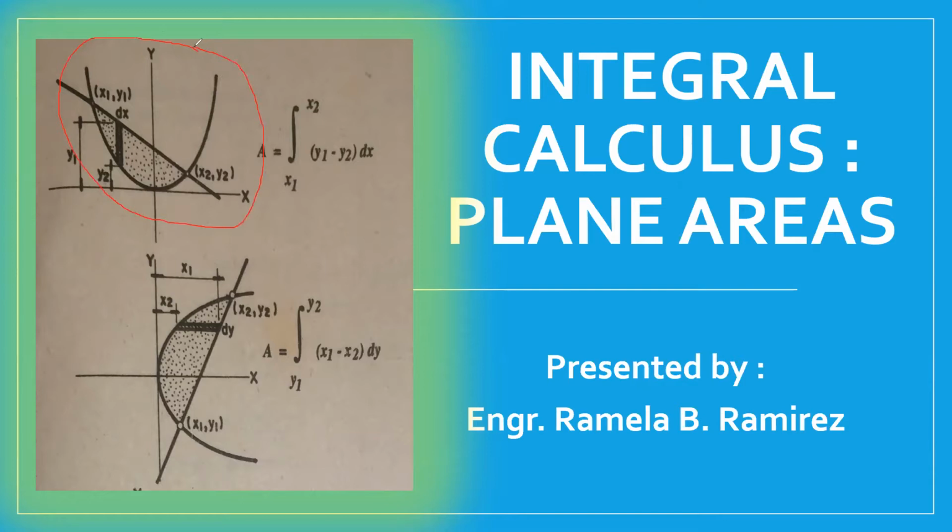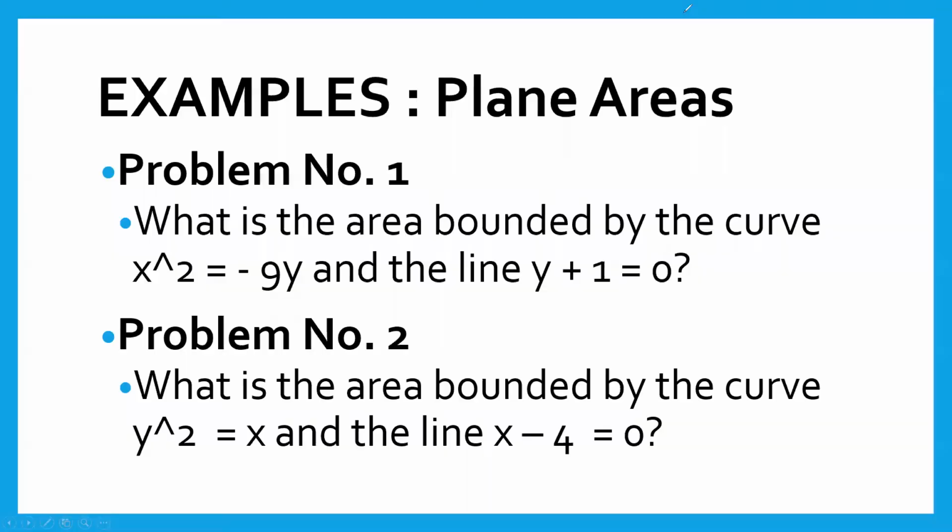This is particularly related to plane areas which are opening downward. Then this one is a figure for a plane area which is opening to the right. So now we are going to discuss two sample problems.